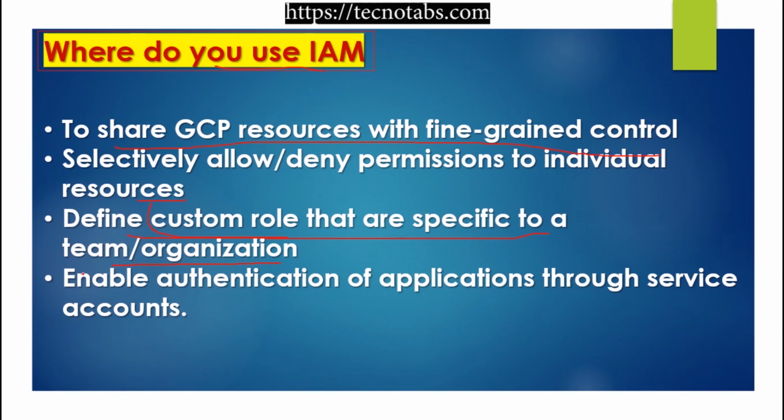We also enable authentication of applications through service accounts, as we just saw in the quick walkthrough, where we enable authentication for communicating between GCP resources using a service account. So this was the summary of what we have learned, and this completes the session on IAM. I hope you have learned a lot from this section.